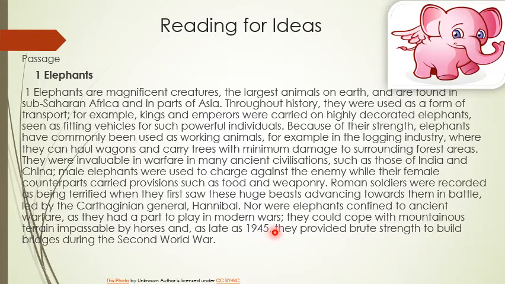They were helping human beings because they were quite helpful in moving on mountainous terrain, and they helped in the Second World War to make bridges. So we have found some content points, the importance of elephant in the past. We've underlined them, and definitely we will choose the best ones.